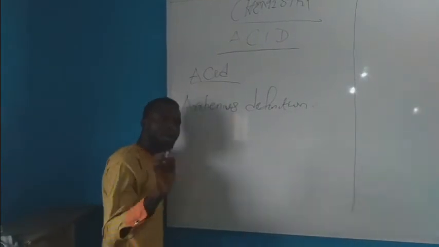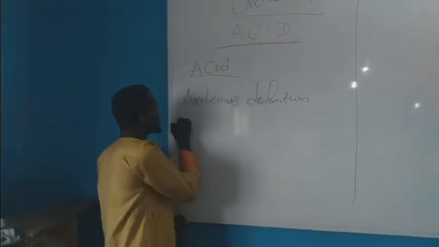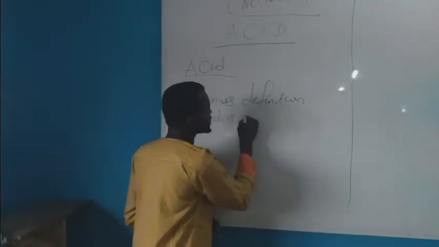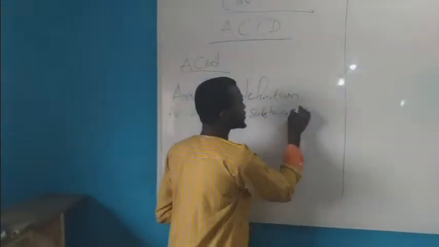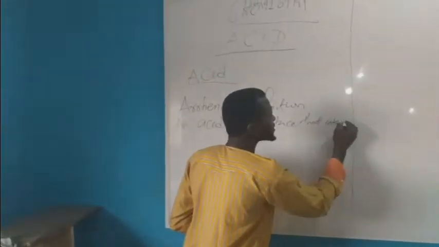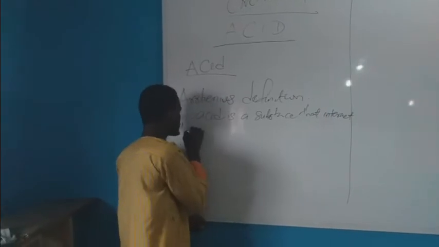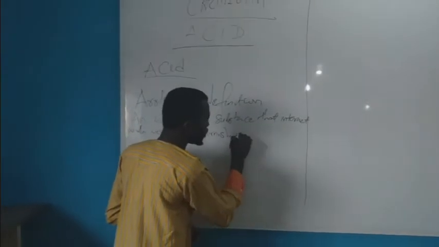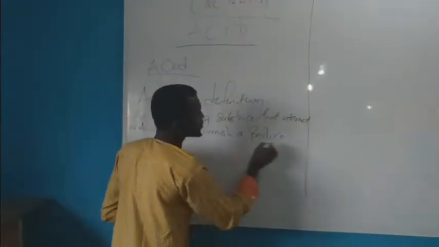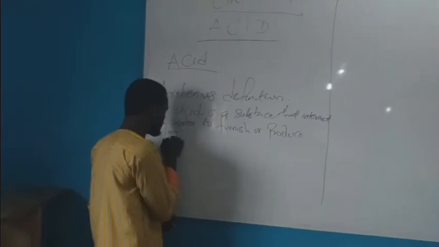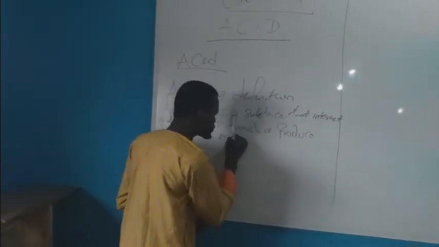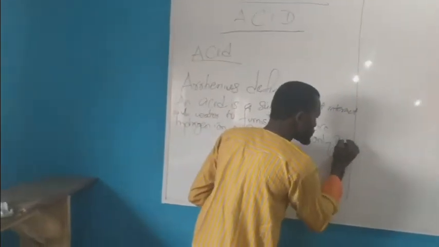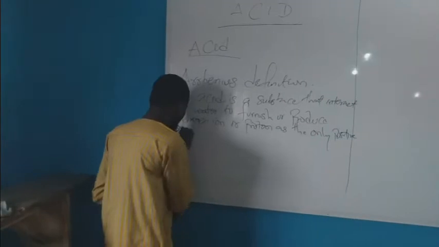According to Svante Arrhenius, a Swedish chemist, an acid is a substance that interacts with water to furnish or produce hydrogen ion or proton as the only positive ion.